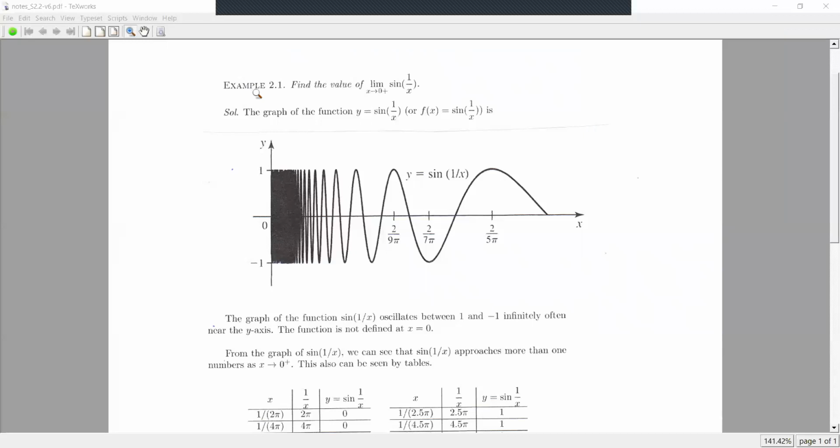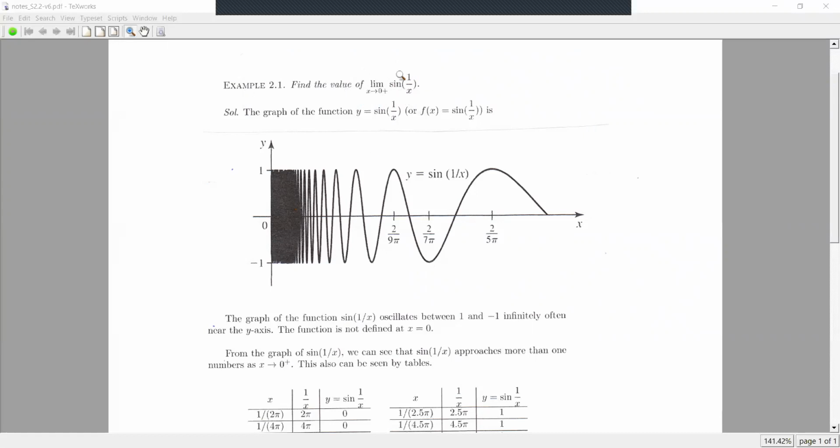Now, examples. Example 1. Find the value of this limit. In this limit, x is approaching 0 from the right-hand side. Now we need to determine, as x approaches 0 from the right, what number this function will approach.